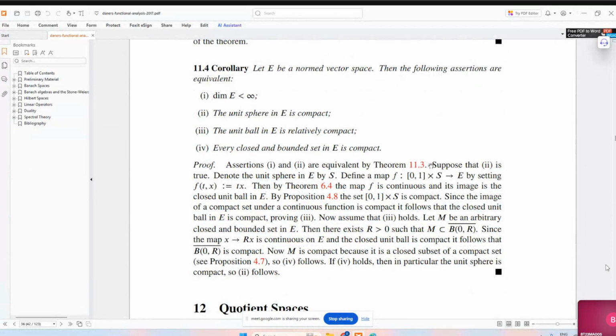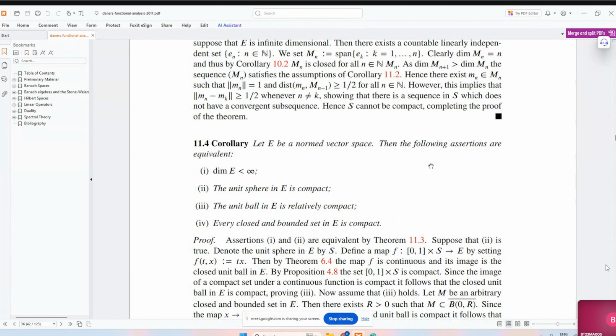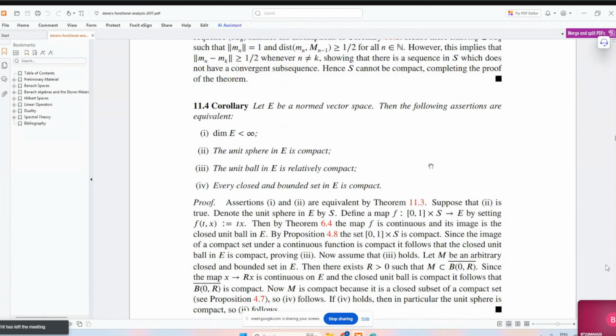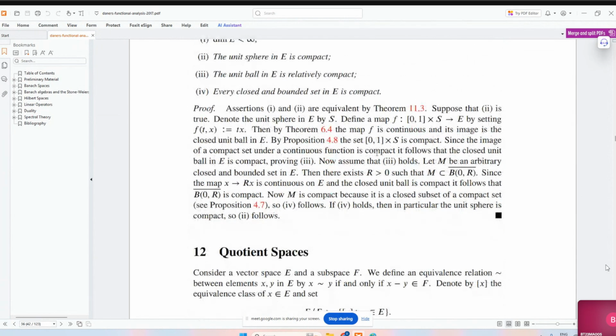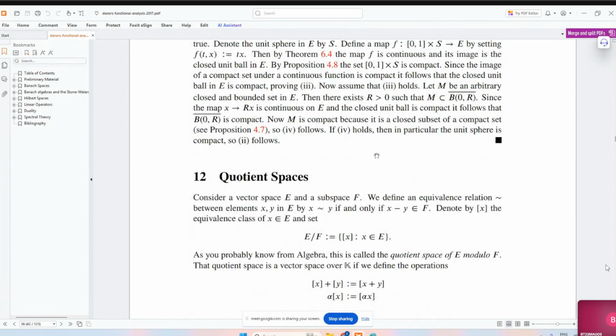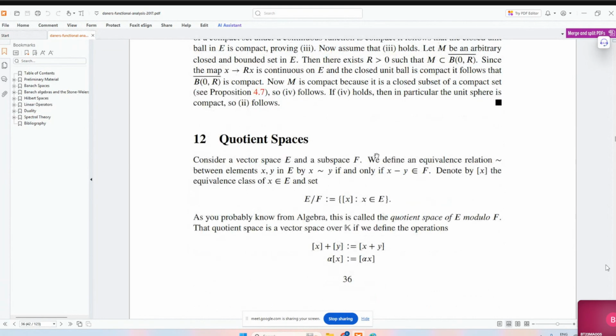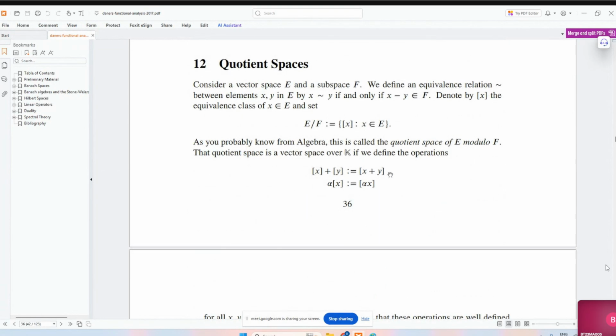This is virtually a theorem that you do using metric space topology. Since you have done metric space topology, I will not get into this. Proof is simple. You can read it yourself if you wish to. So that is about the finite dimensional spaces.